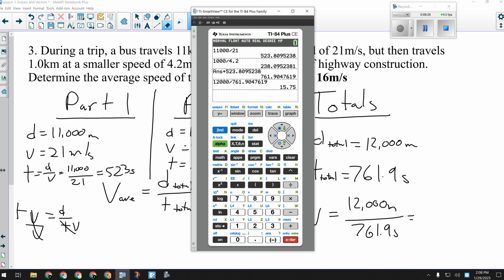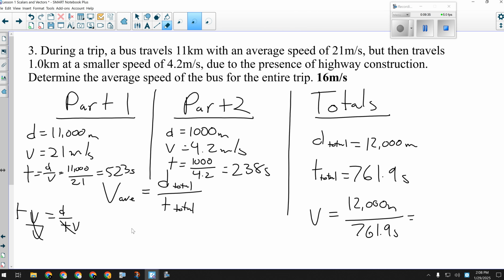We only have 2 significant digits in that question, so our answer has to be rounded to 2 significant digits, and that means 16 meters per second. I know I haven't talked about significant digits yet, so if that sounds like Greek to you right now, that's okay. We'll cover it here this week.